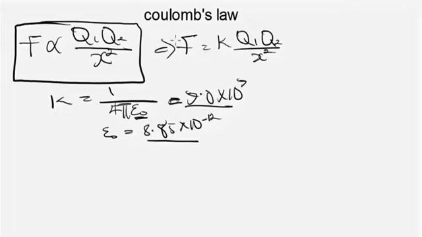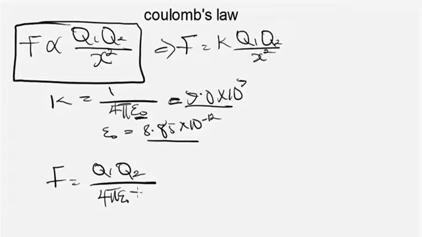Alright, so having this, we can write that F is equal to Q1 Q2 over 4 pi epsilon naught x squared.